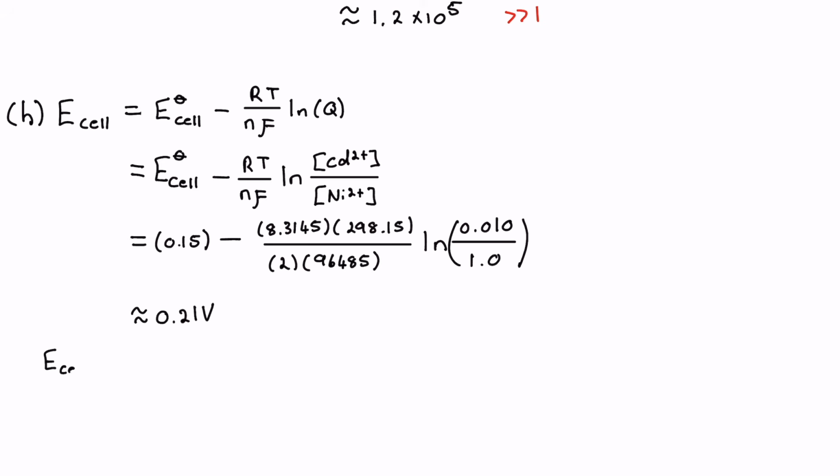So what do we see from that? Well, E cell is still positive, so E cell is still larger than 0. That means the reaction is still spontaneous as written.